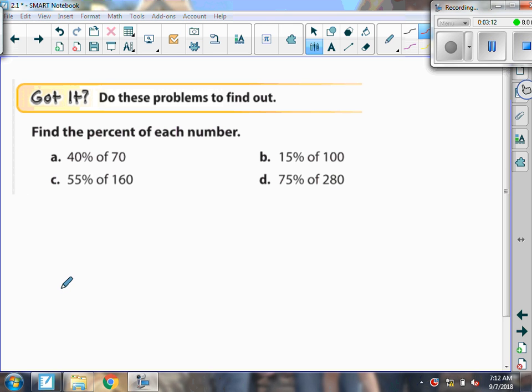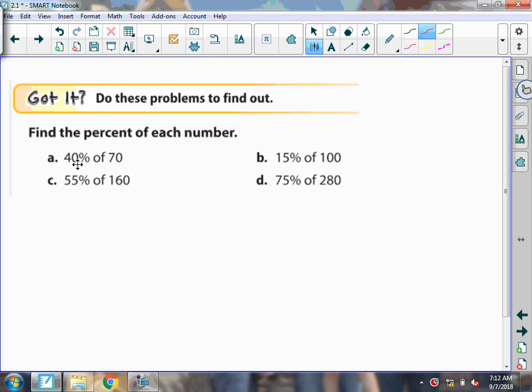Okay, so I want you to check your answers as we go over this. So 40% of 70, move my decimal 2 places to the left. So that's 0.4. Do I have to write the 0.40? You don't. You can if you want to, but you don't have to.